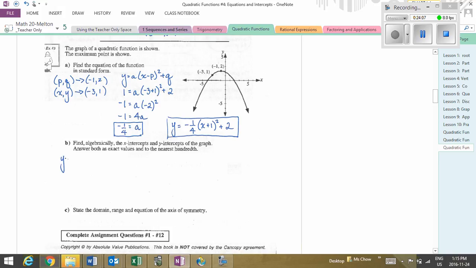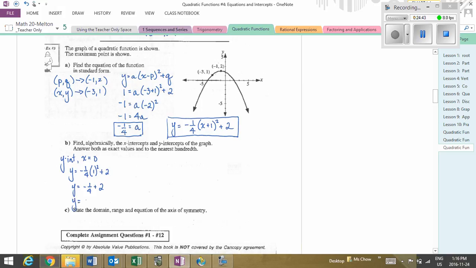So for our y-intercept, x is equal to 0, so I have y is equal to -1/4, x is 0, so then it's just times 1 squared plus 2. 1 squared is of course 1, so then I'm just looking at y equal to -1/4 plus 2, which is then 1 3/4, or 1.75.